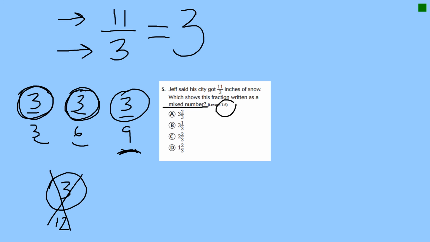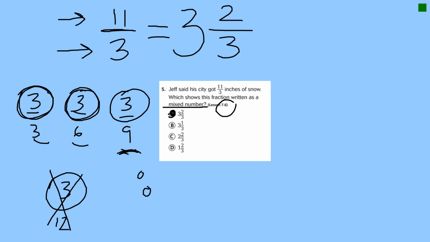So what do we have left over? How many pieces are left? Let's see. We had 11. We used 9. So 9, 10, 11. There are 2 pieces left. And of course, 3 stays the same. So sorry about this being so teeny. 3 and 2/3. I'll say in a teeny voice.